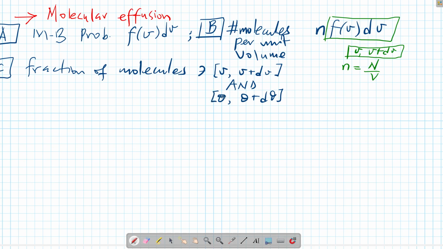So the fraction of molecules moving with speed between v and v plus dv, and also moving within direction of theta and theta plus d theta, is what we actually want to find.